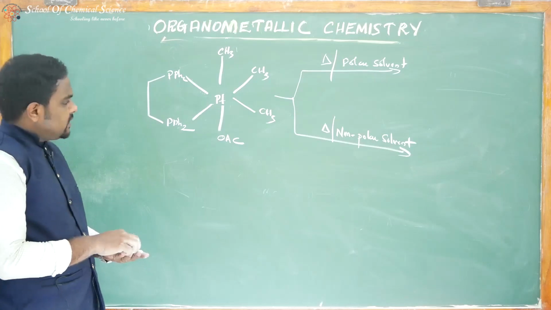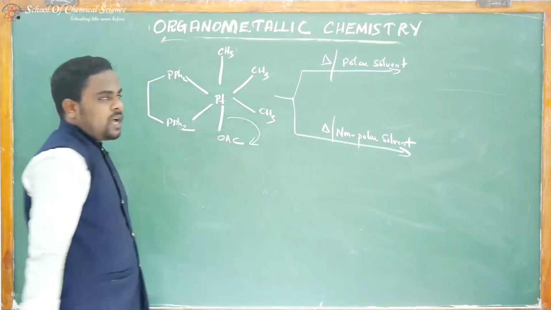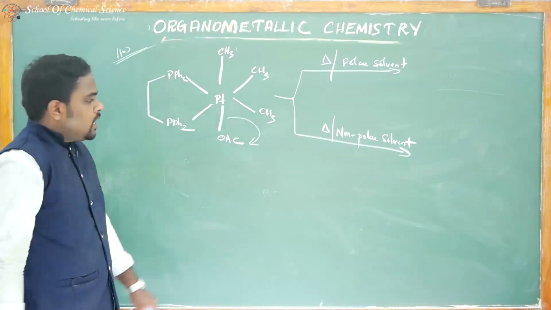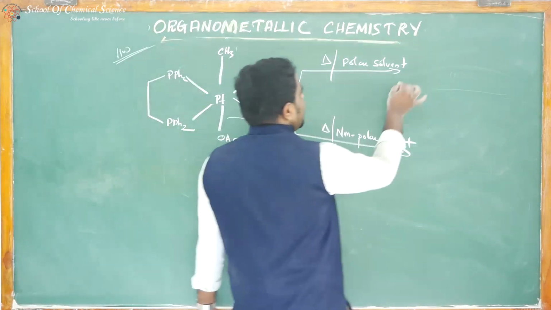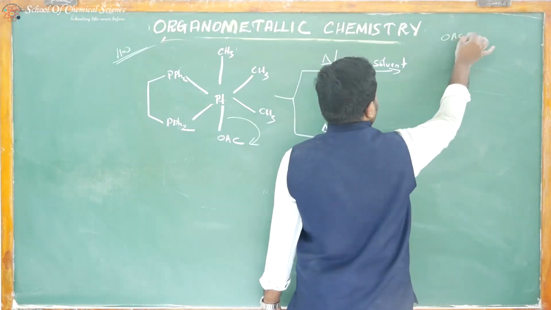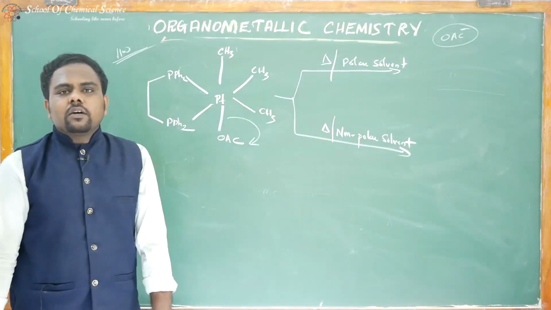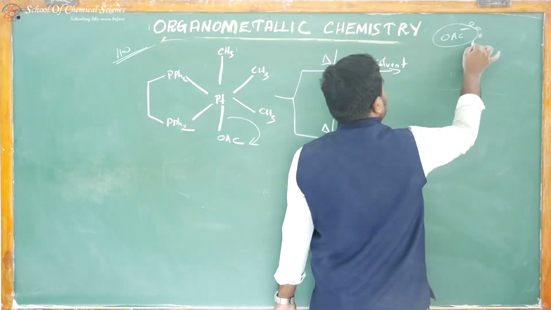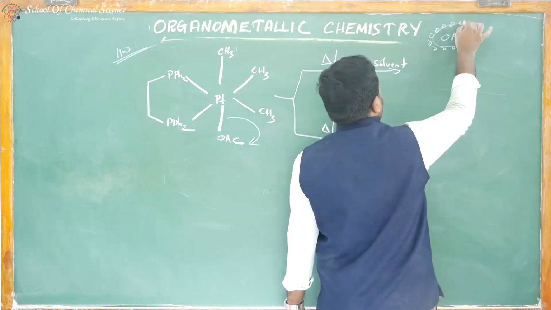First step in such a case, OAc minus will be eliminated. You have to do this question as homework. First step, OAc minus is eliminated. If you are using polar solvent, what happens? This OAc minus is heavily solvated, or that OAc minus is trapped.